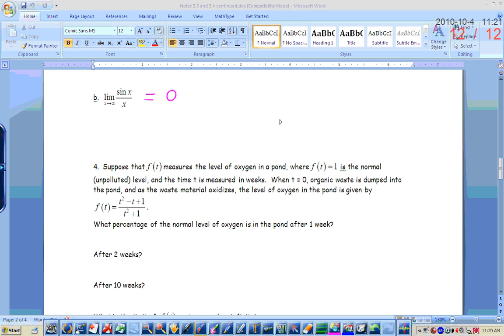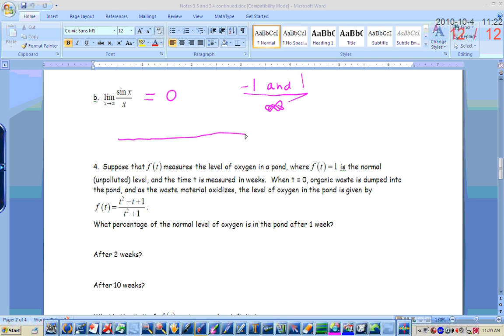But then as x gets bigger and bigger, you're dividing by a bigger and bigger number. So you basically have something between negative 1 and positive 1 divided by infinity. So even though the top is going back and forth between 1 and negative 1, your bottom is getting bigger and bigger, and it's going to approach 0.